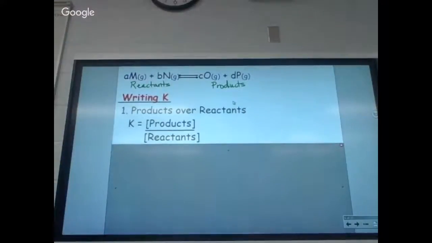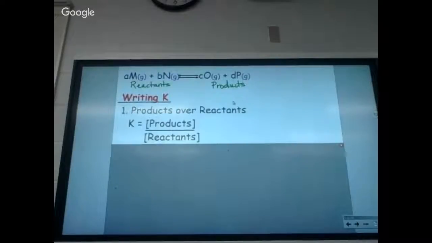It doesn't matter that they're reversible arrows, and you could argue that the arrows can be reversed and either side could be the reactants or the products. The right side is still the products. The left side is still the reactants. That does not change. Products over reactants. That step is usually the step that most people mess up on, and I can guarantee you in your wrong answers, they will have that flipped, at least in one, if not two of them.